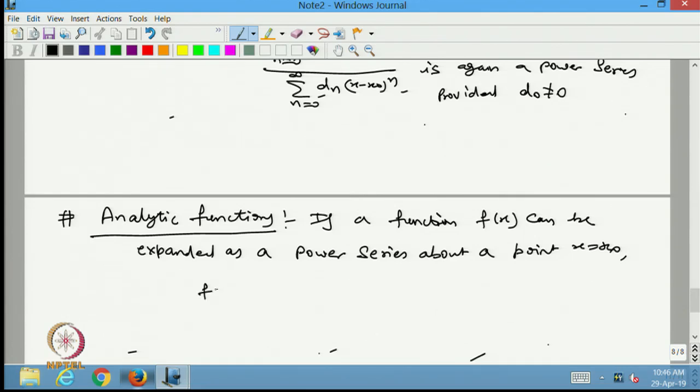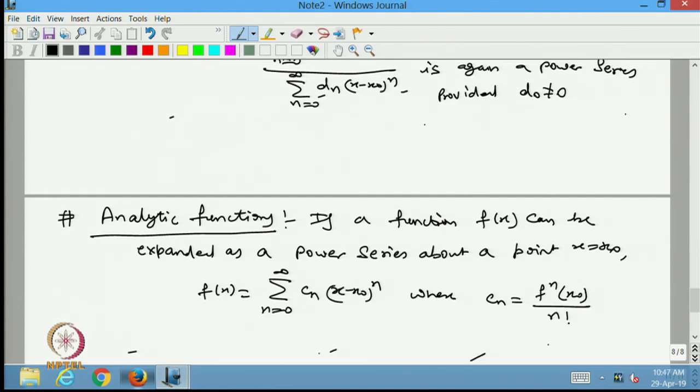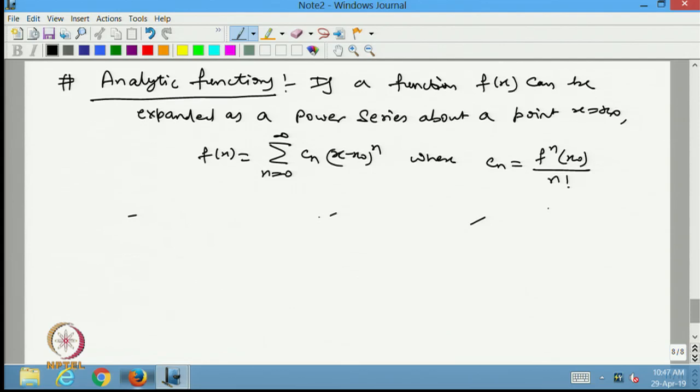Then we can write that my function f(x) can be written as summation n from 0 to infinity Cn (x minus x naught) power n, where my Cn is the nth derivative at x naught divided by n factorial. Then the function f(x) is said to be an analytic function.